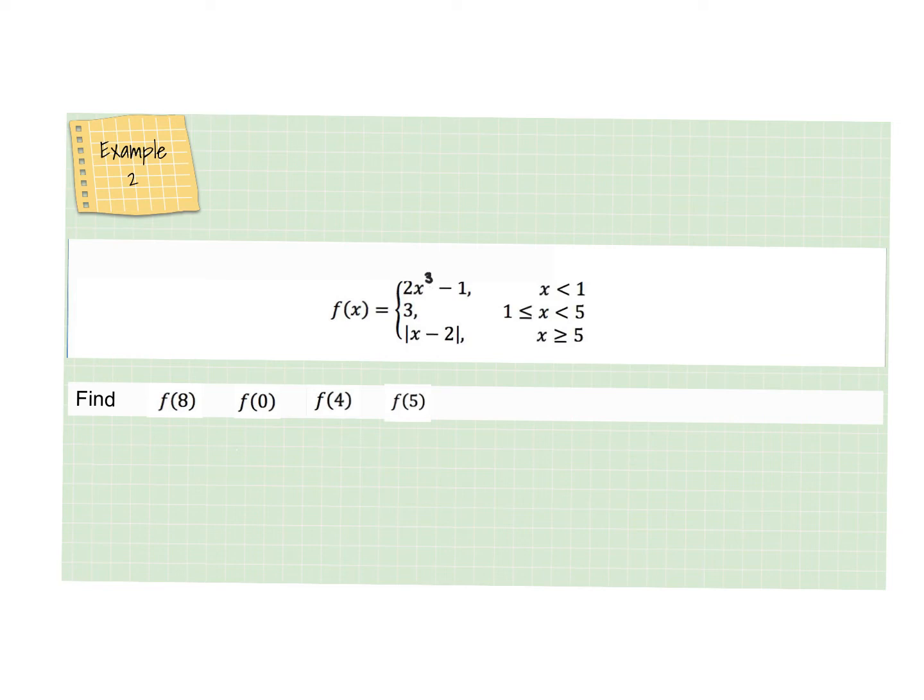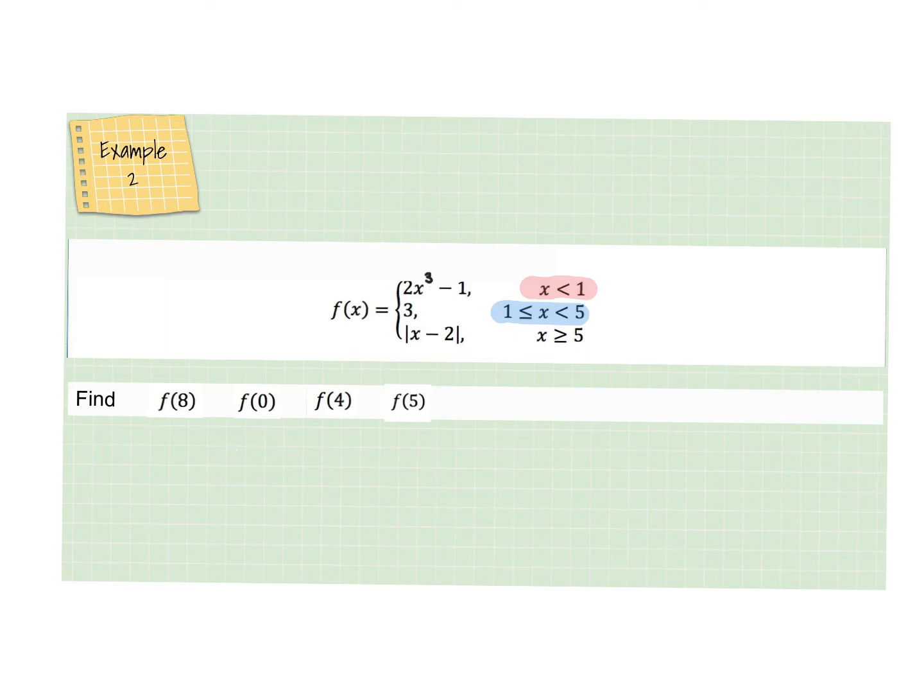Once again, we have 3 functions. Let me highlight them. First one is 2x to the third power minus 1. And then the second function we have is f of x is equal to just 3. This one's the easiest one, but it's also one that's going to confuse you.